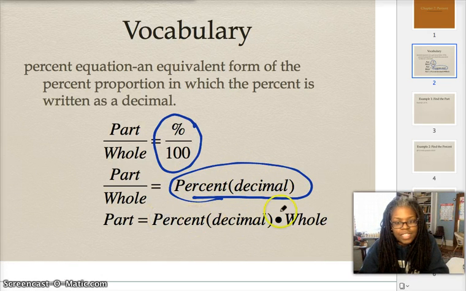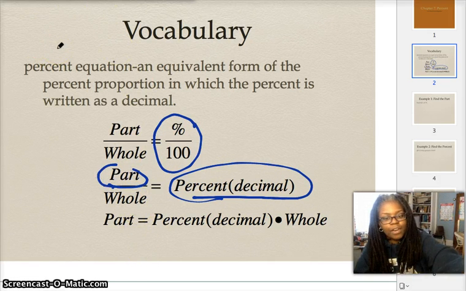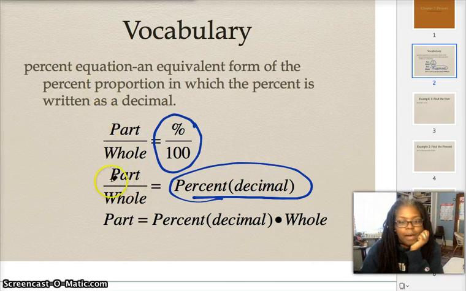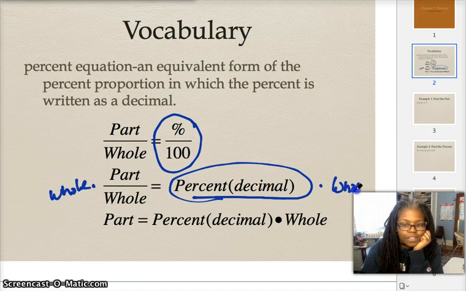So given this situation, how could I solve this equation? How could I solve for part? How can I get part alone? Hopefully you remember that we have to undo what's happening to the part, or the variable that we want. In this way, I'm looking at part as the variable. I need to multiply both sides by the whole in order to get the part alone, right?